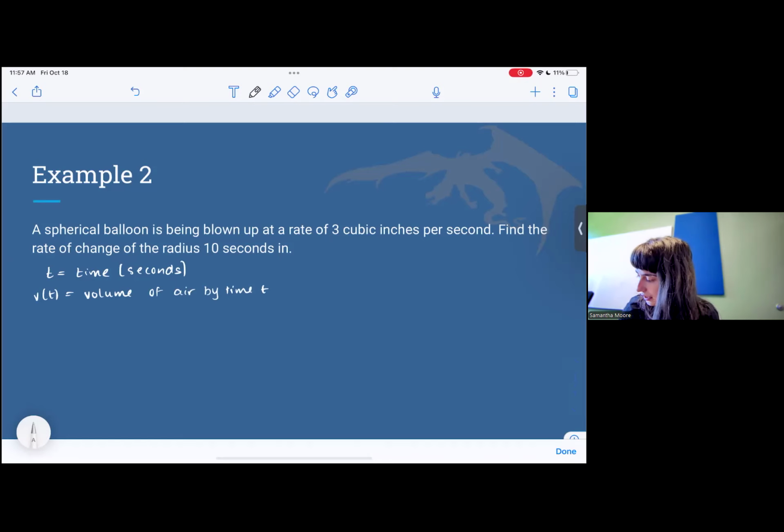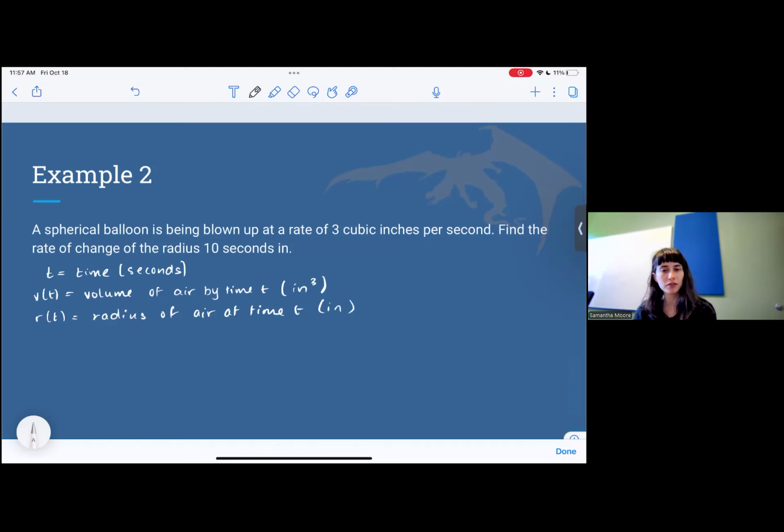So this really does rely on time. This is going to be measured in cubic inches. We can also talk about the radius at time t. Going to be measured in inches to be consistent. Okay, and that seems to be all of our relevant variables.